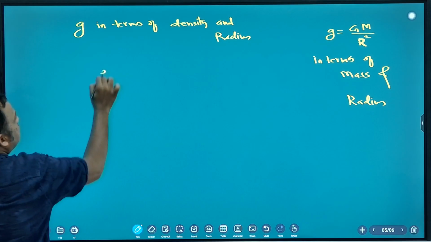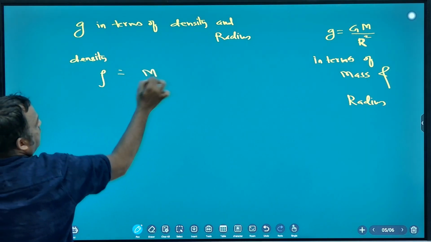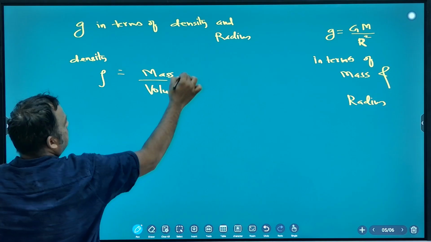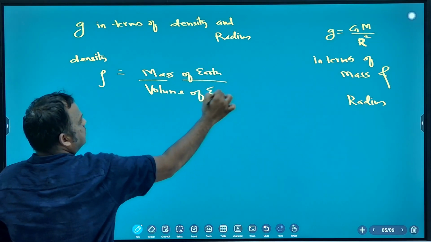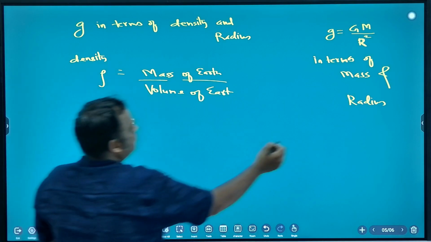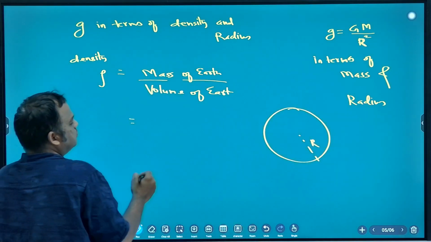What is the formula for density? Mass upon volume. So note down, mass of the planet by volume of the planet. They are spherical, so what is the formula for volume? 4 by 3 pi r cube.